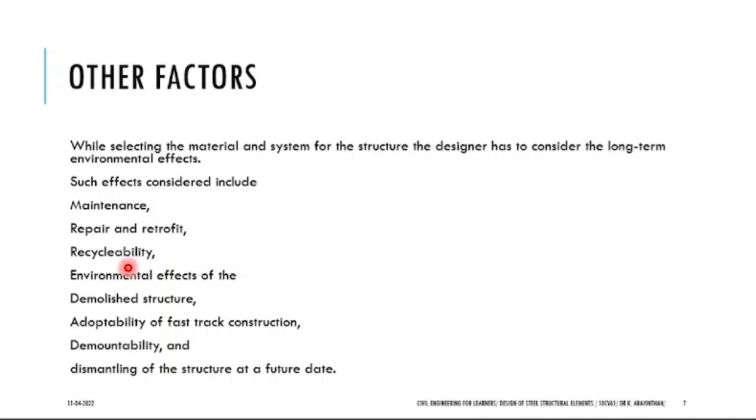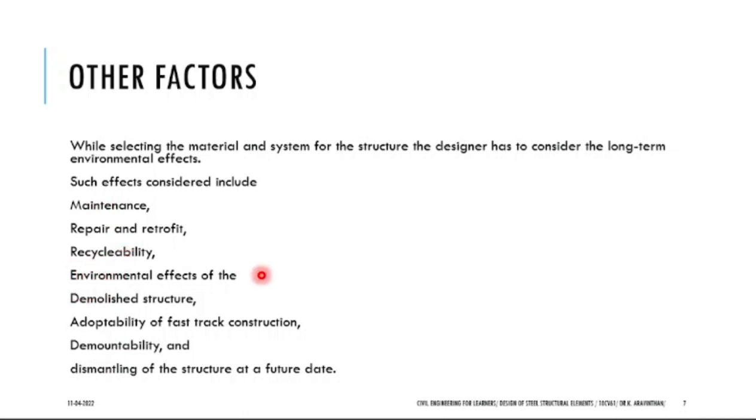But if you construct a concrete wall, you will be building it for around 4,500 per meter cube. Can you sell the same concrete for the same price or even for 10%? No, they will not even buy. You have to pay the amount for dismantling and disposing. That is the other factor. You have to check whether you have recyclability or not.